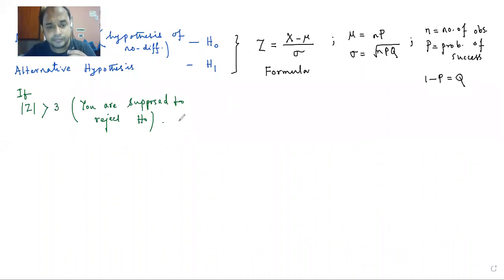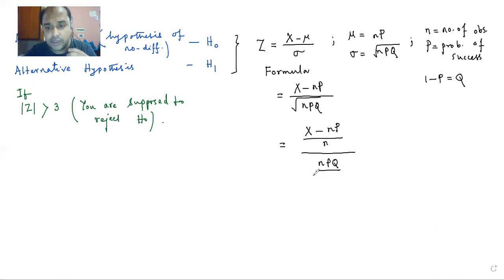The first thing that you have to know is that the formula I used in the previous session, let me write it explicitly, is x minus np by root over npq. This particular formula can also be written in a different manner. We can divide the numerator and denominator by the sample size, or the number of observations, and get a different form of this formula.